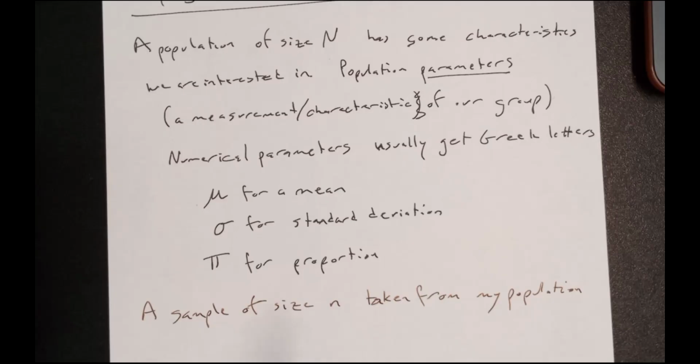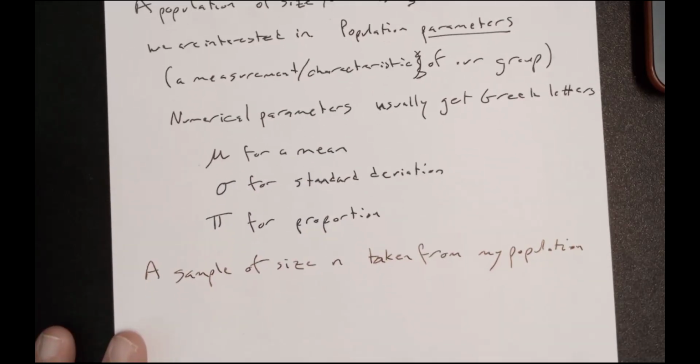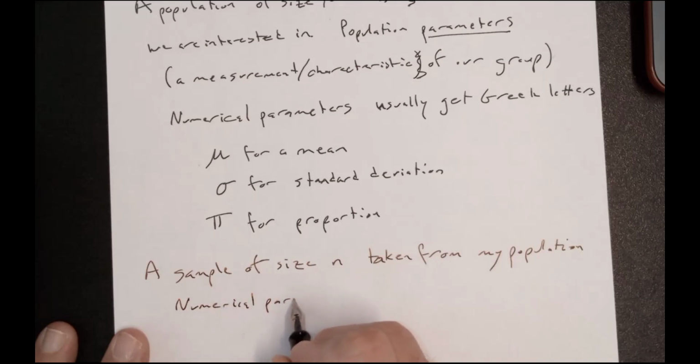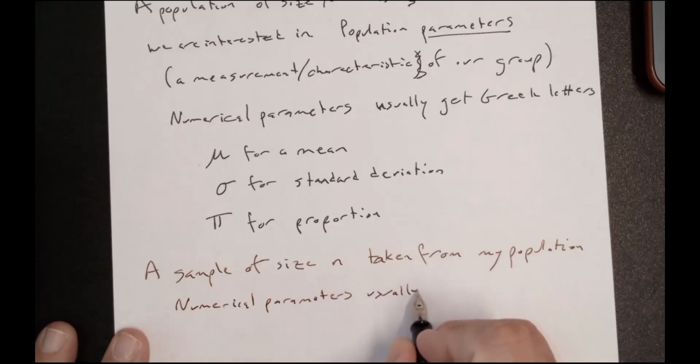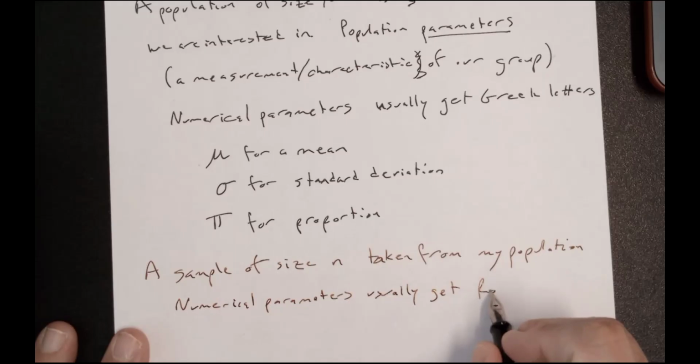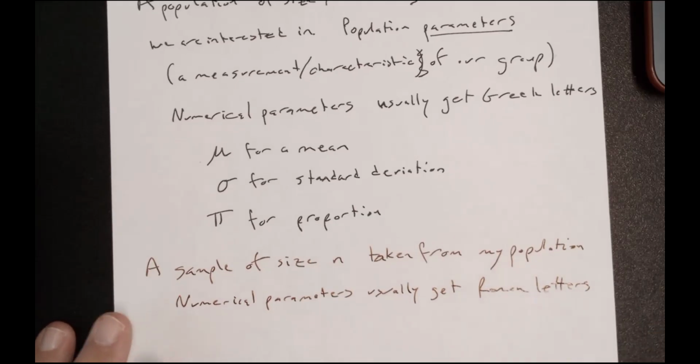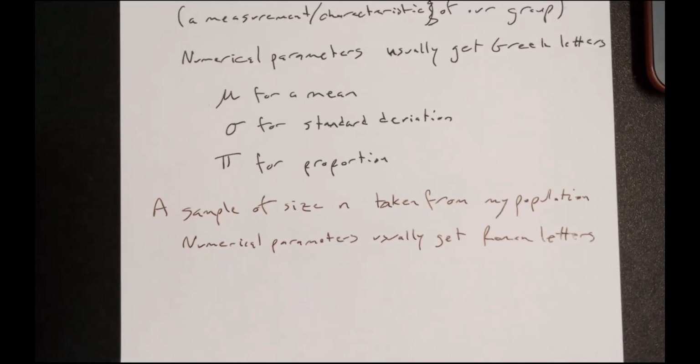So instead of using Greek letters, we normally use Roman and Latin letters. Now, I would love to tell you that means I'm going to use M and S and P, but they're going to mess with me right away.